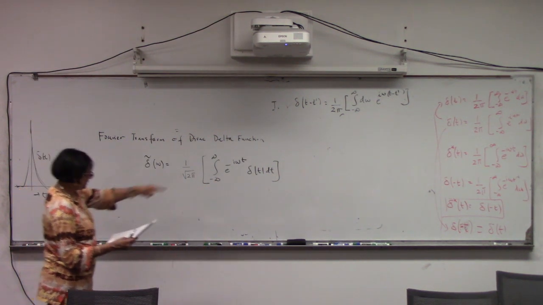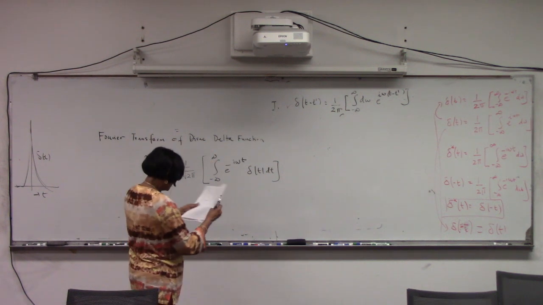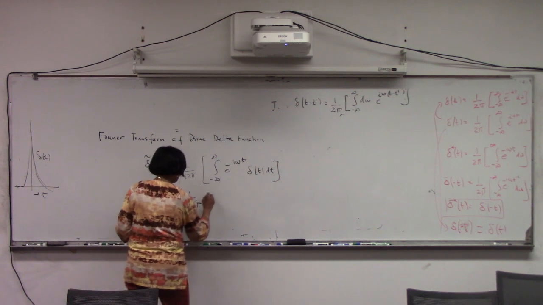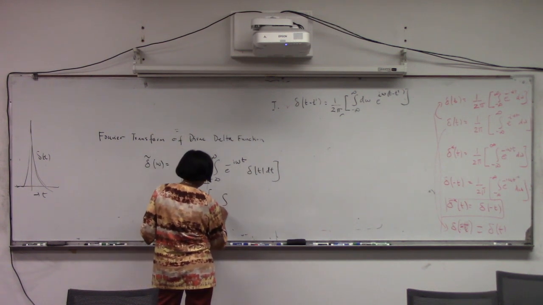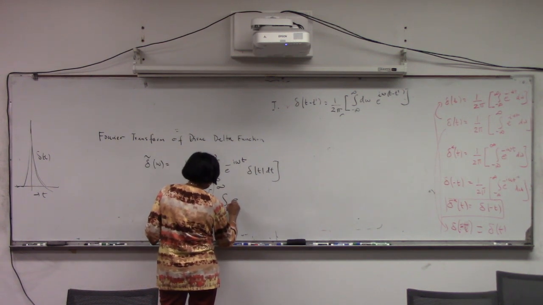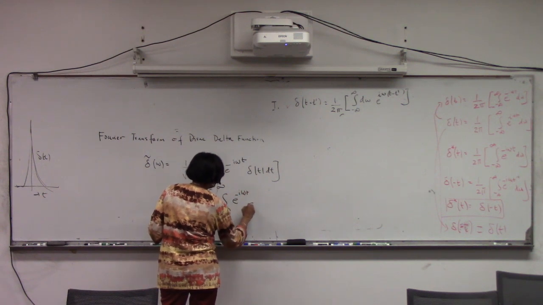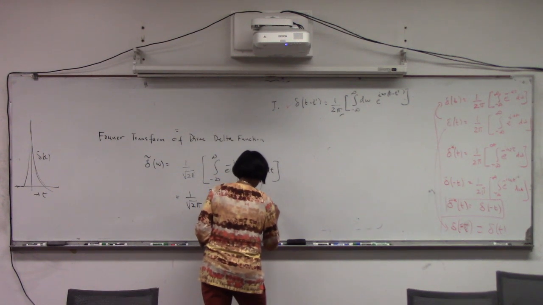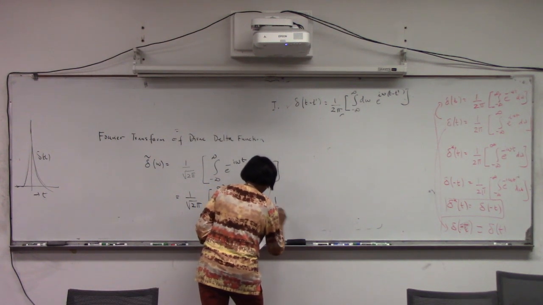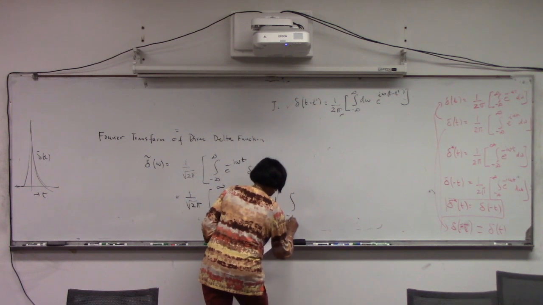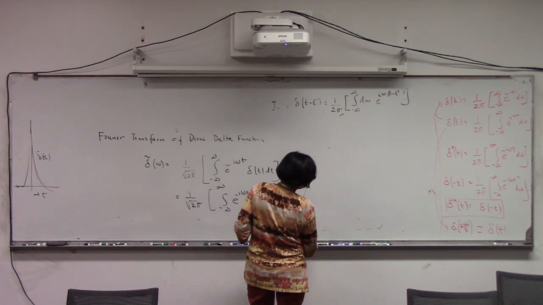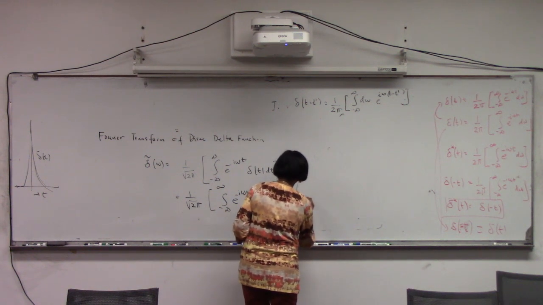I have the definition of the Dirac delta function written on the board, so I can write this as 1 over square root of 2 pi, integral of exponential of I omega t times delta t, and delta t is nothing but 1 over 2 pi, integral from minus infinity to plus infinity of exponential of minus I omega prime t d omega prime.